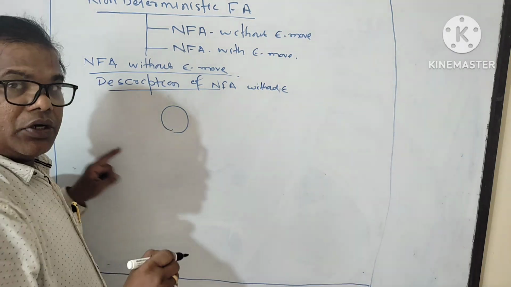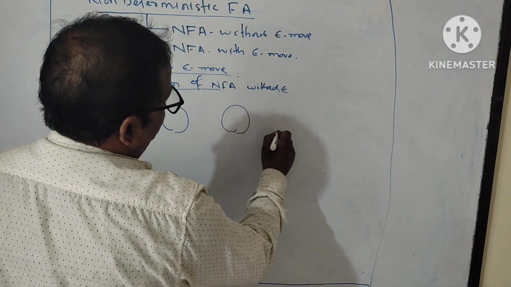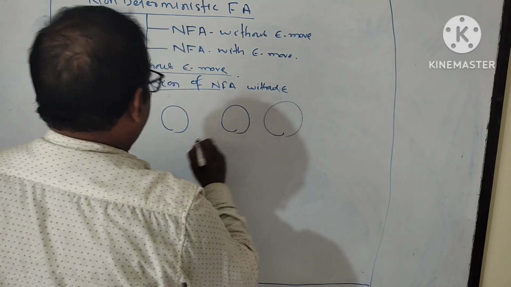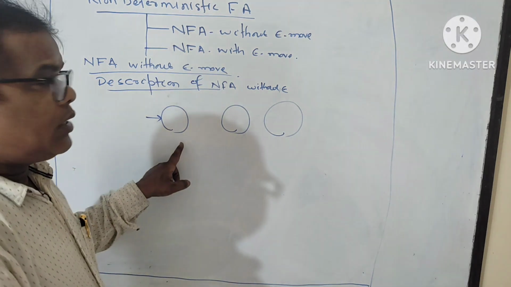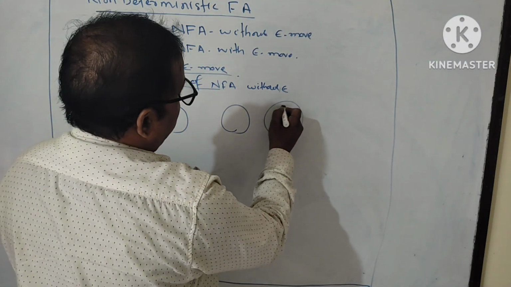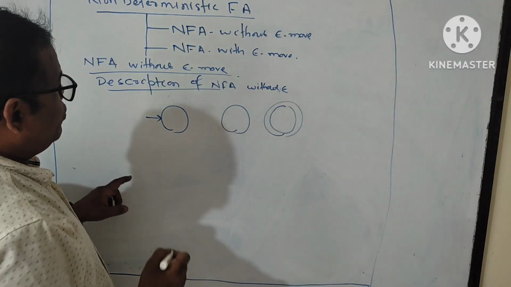We call it a transition diagram. Let this be the initial state and this be the final state. What I have to do here?